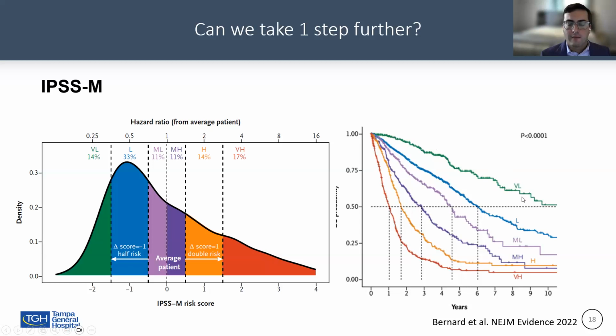In this case, they had very low, low, moderately low, moderately high, high, and very high risk categories. We know that a very high risk patient has about a twofold increased risk compared to an average MDS patient. A very low has a twofold decreased risk compared to an average MDS patient.